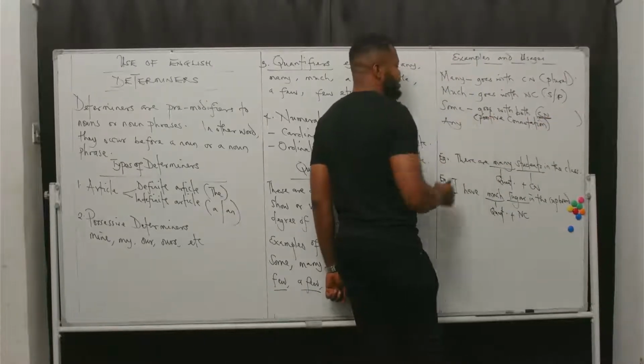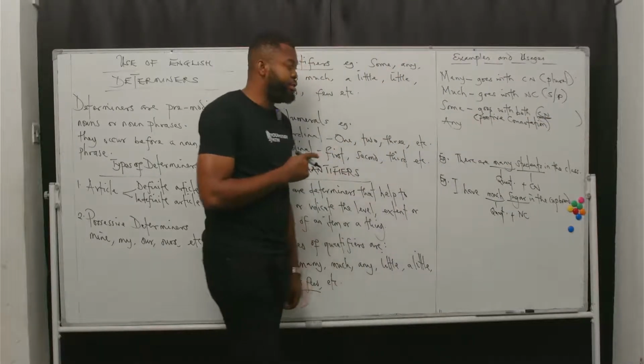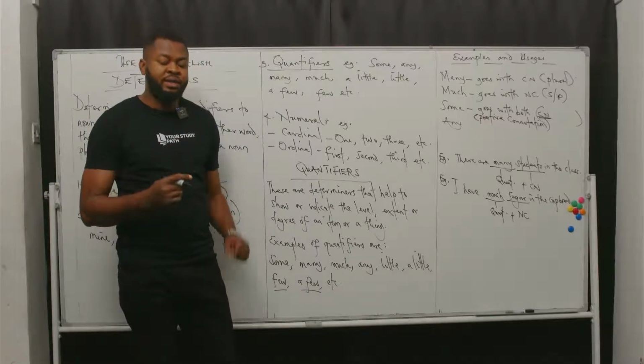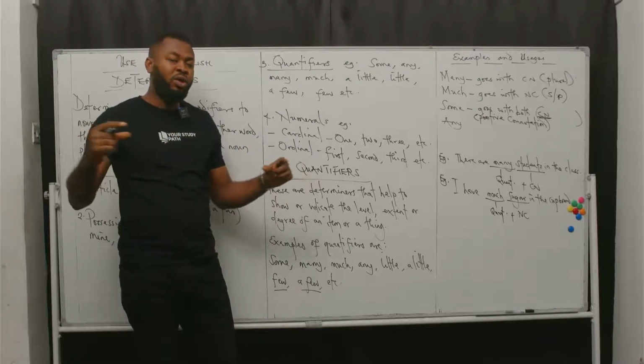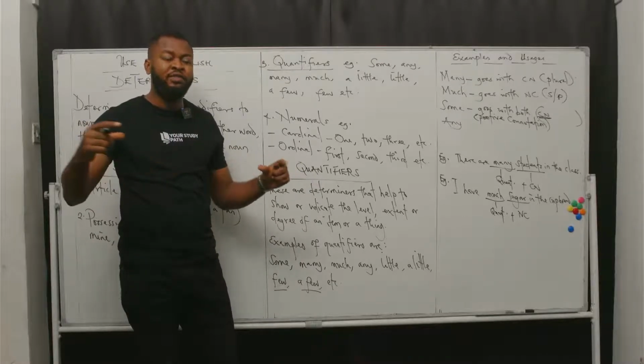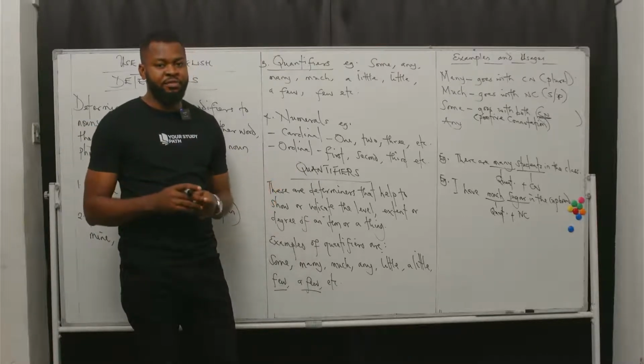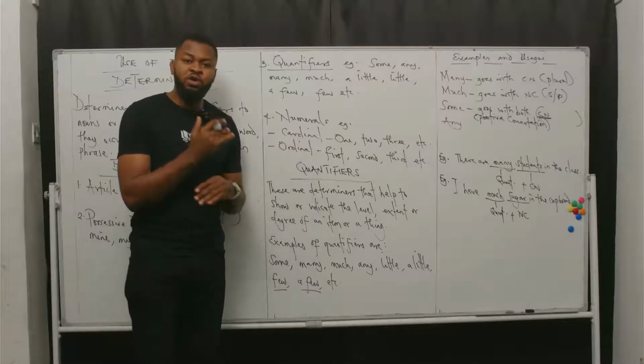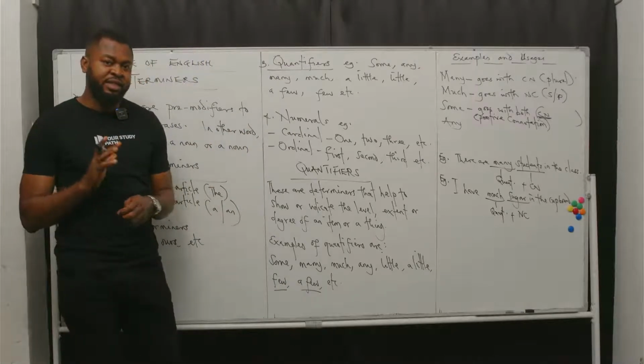Anytime you're using some as a quantifier, the context of the sentence as a whole must be positive for you to use some. I hope this is clear to you. Can you see the way I'm taking them one after another to explain in detail?